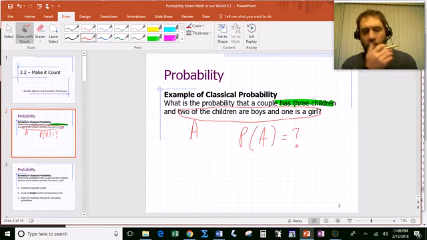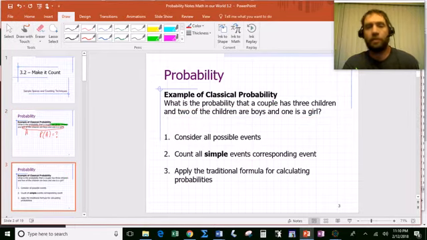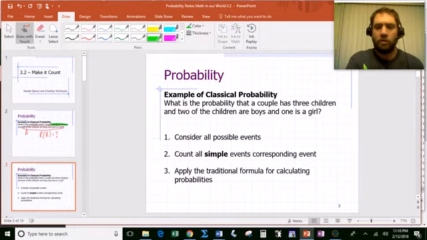Well, let's think about all the possible outcomes, possible scenarios here. If you have three kids, you could have all three boys, you could have two boys, you could have one boy, you could have no boys. So let's think about this in the context of the definition of classical probability. Consider all possible events. Count all simple outcomes. This in green should say outcomes, not events.